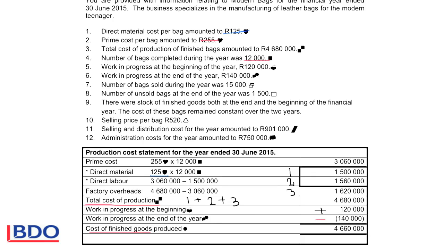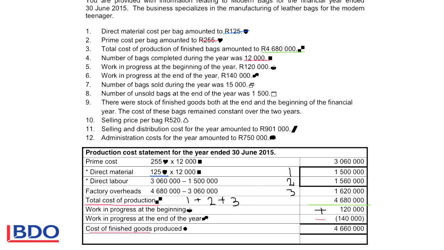They don't give me any information about the direct labor, but the total cost of production is given. And if they give you the total cost of production, it means that you can put in this total cost of production as 4680. So I can take the primary cost plus the overheads to determine what is my total cost of production.